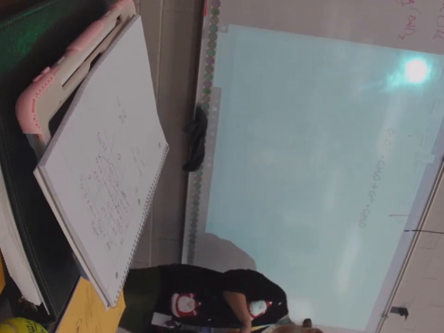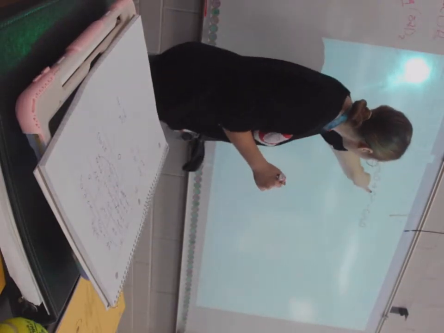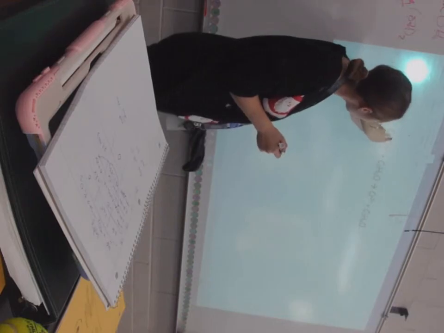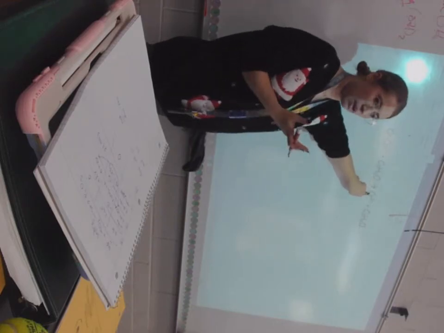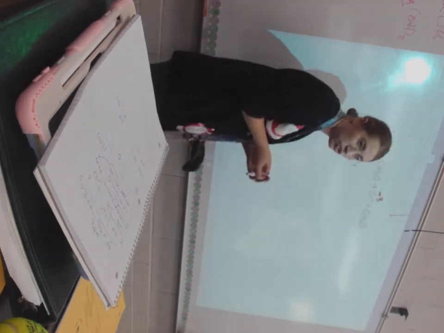So first thing I want to remind you, if something is a monatomic ion, this is a polyatomic ion. There's multiple types of atoms that make up this ion. This is a monatomic ion. It's one type of atom. Whatever the charge is, that's the oxidation number.